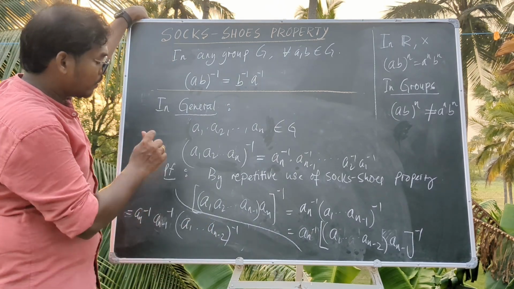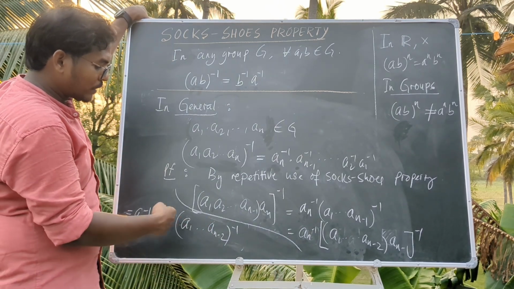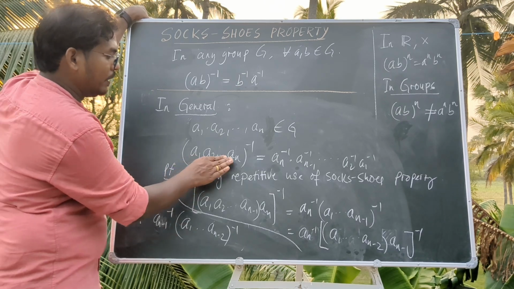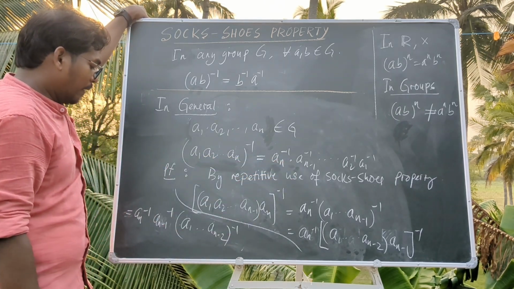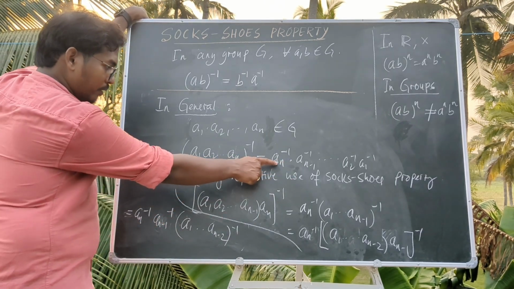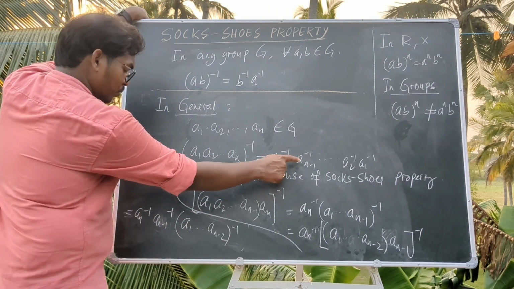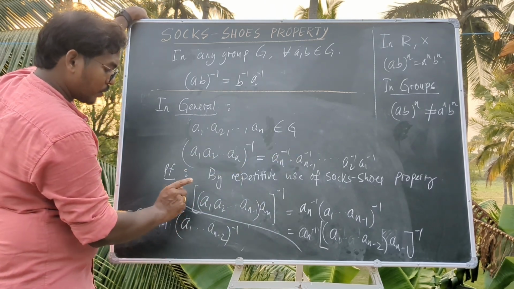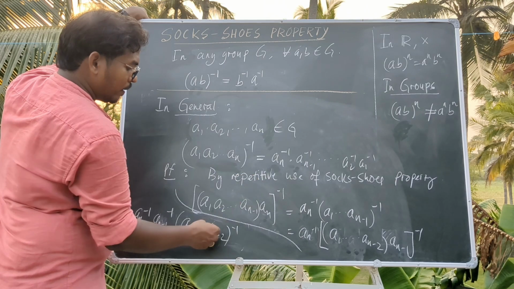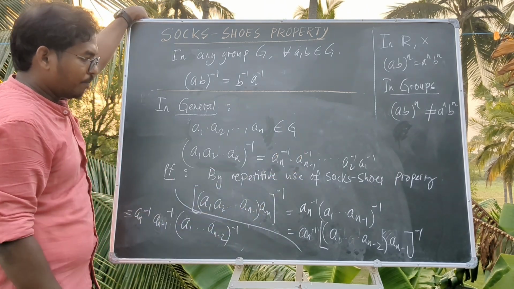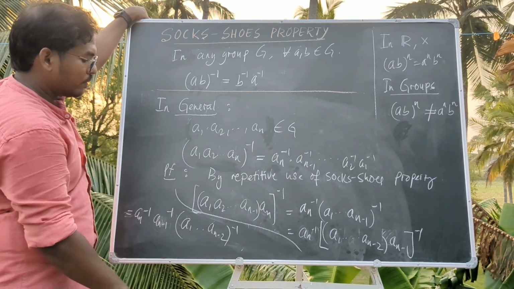By using the socks-shoes property successively, we can show that this is indeed equal to this one, and we have already found an^-1 here, an-1^-1 here, and successively we can find all other elements up to a1^-1 in the last.